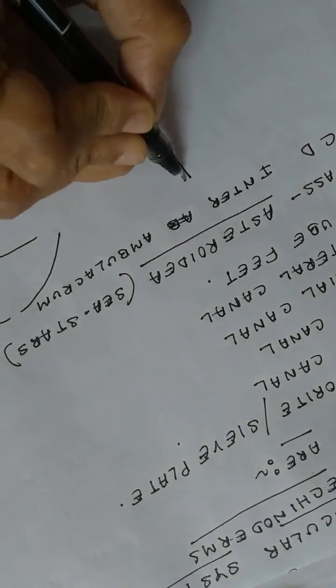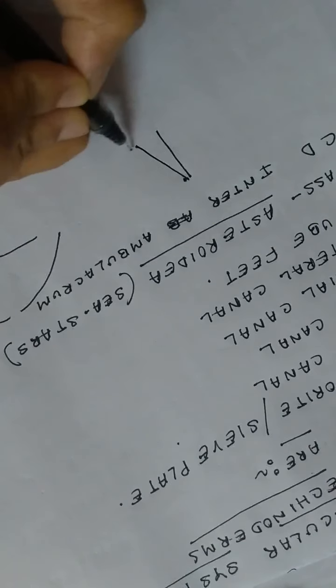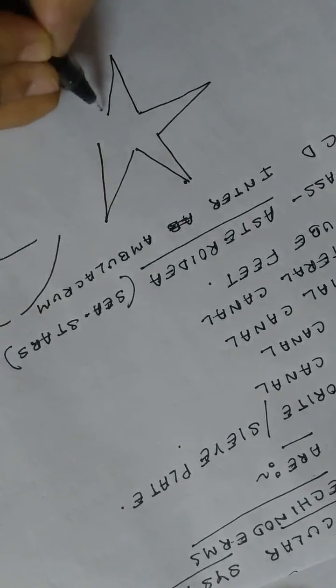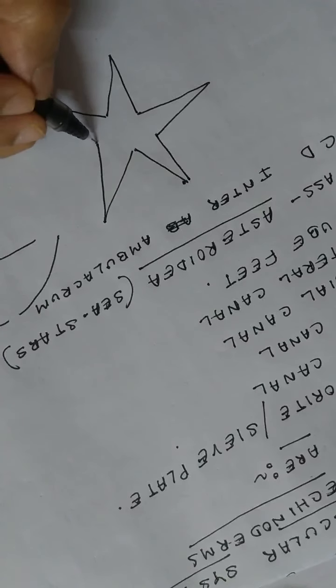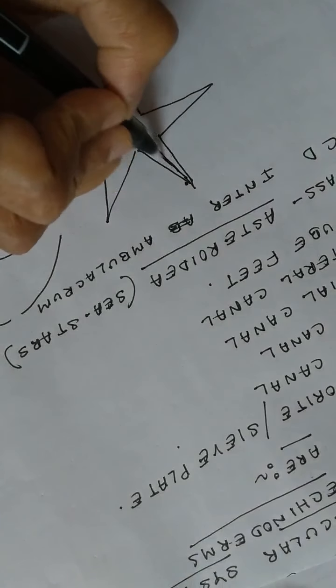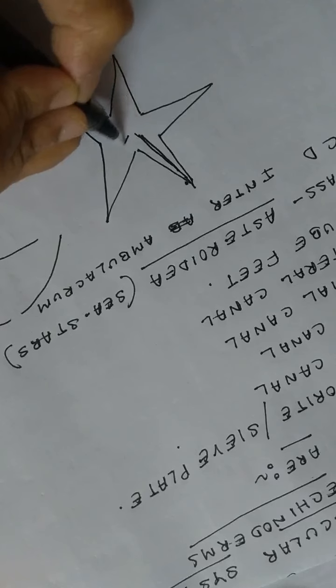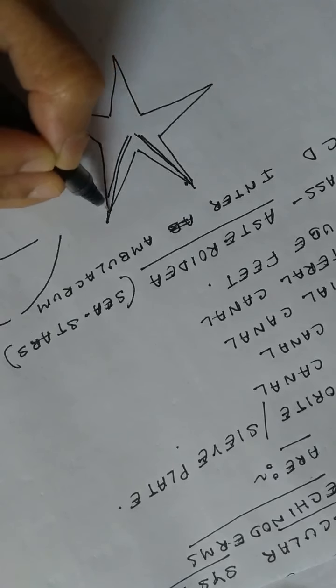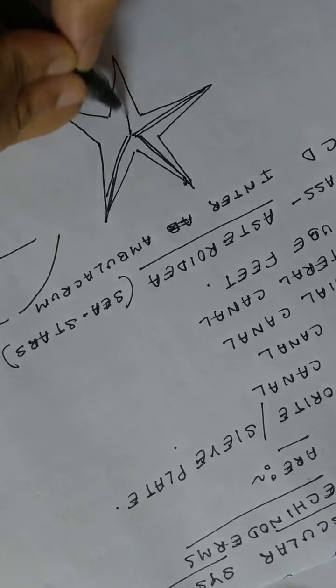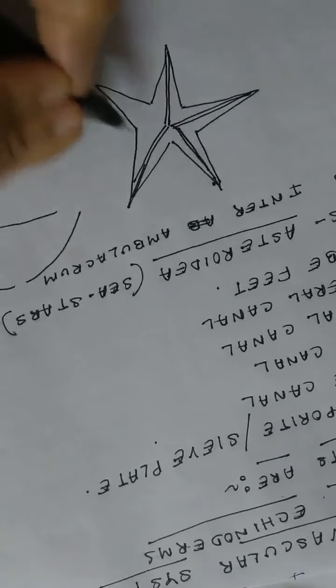We all remember, hopefully, the structure of this sea star, a star-shaped organ. They have the pentamerous radial symmetry, and this is demarcated by a groove.